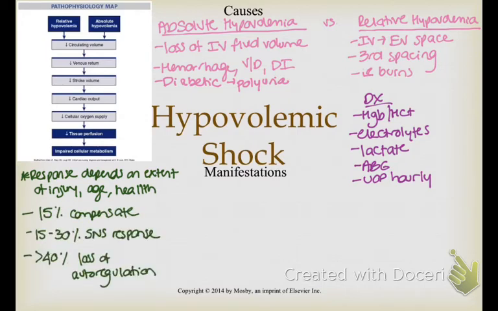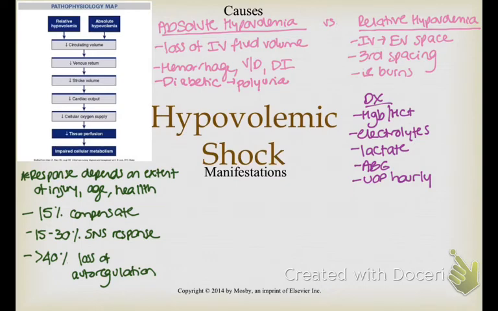Typically, when you have about a 15% fluid loss, your body can compensate. When you're getting to close to 30%, your sympathetic nervous system kind of activates and is like, I'm going to help take over. But once you get to more than 40% loss, that's when your autoregulation fails, and that's when you tend to go into shock.